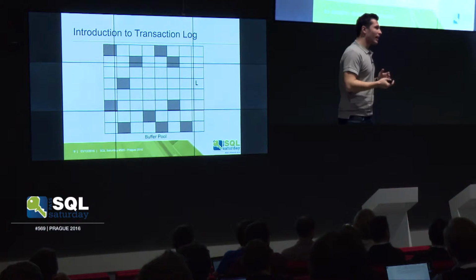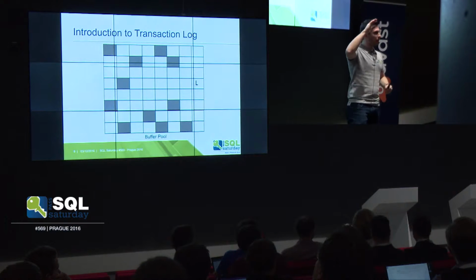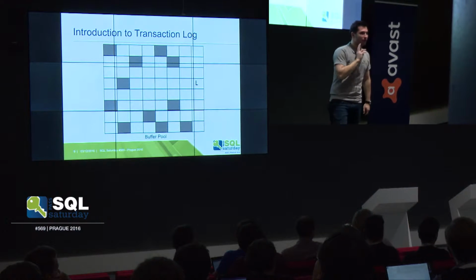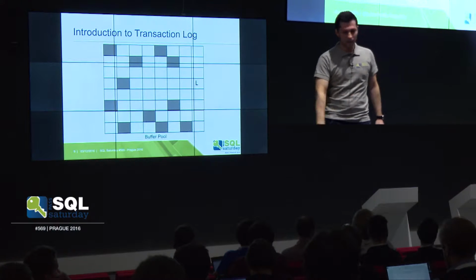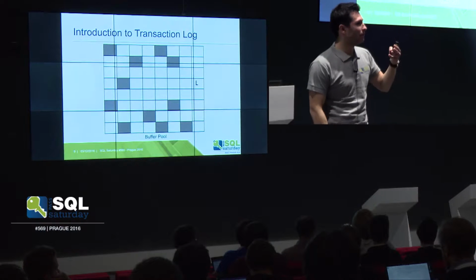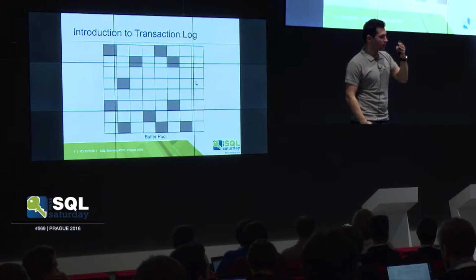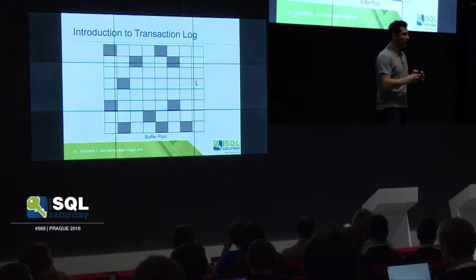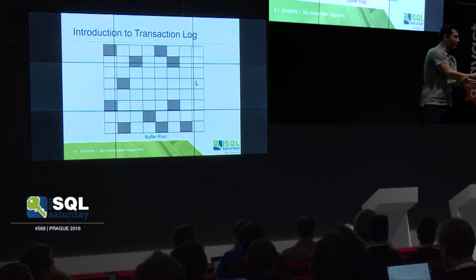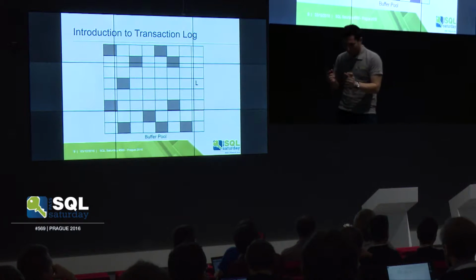So checkpoint doesn't guarantee that you will flush the log records from the memory to the disk, but what checkpoint is doing, and the lazy writer as well, is taking the dirty pages from the memory to the disk. And when you are taking the dirty pages from the memory to the disk, SQL Server has to write all the log records before the data page in order to comply with write-ahead logging. So there is something small but important.